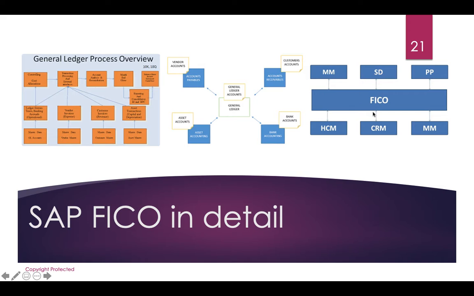It also takes information from CRM and MM, because finally the job of a financial person or an accountant is to find out the profit and loss of the company, to prepare the balance sheet of the company, to ensure that the regulators or the stakeholders are well aware of the health of the company, and to publish the business data or financial status of the company. And for that, information in all these modules is taken into FICO.